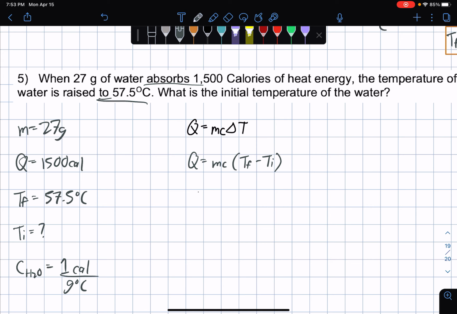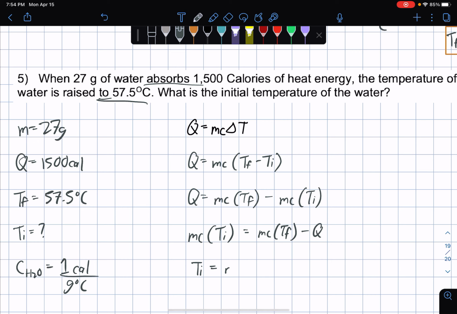So Q is equal to mcTf minus mcTi. mcTi is equal to mcTf minus Q. Ti is equal to mcTf minus Q over mc.